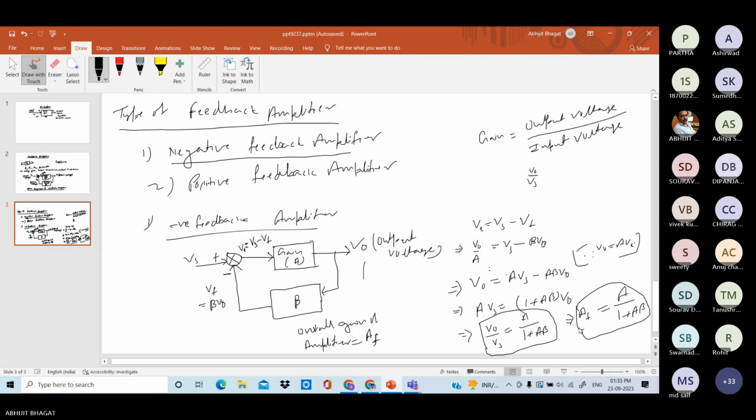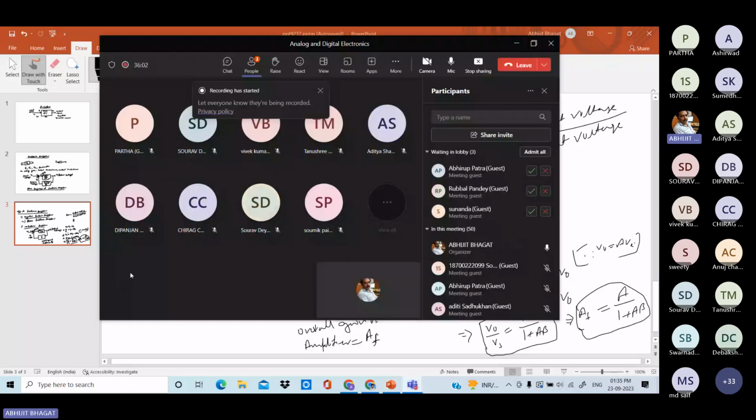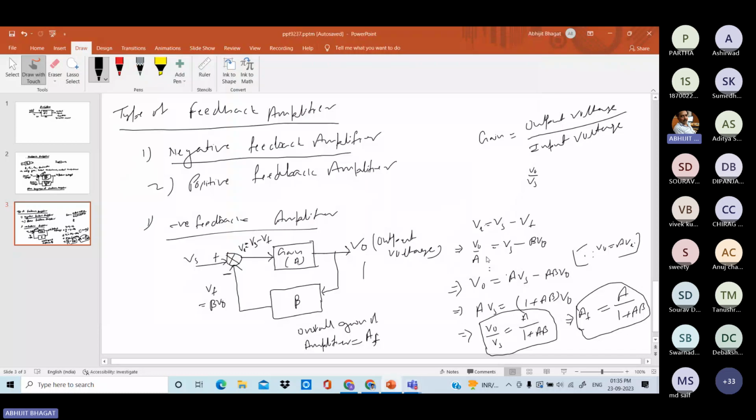Yes, sir. Okay. अच्छा. Next is positive feedback. The positive feedback is just opposite to the negative feedback. So in case of positive feedback, this VF is positive.